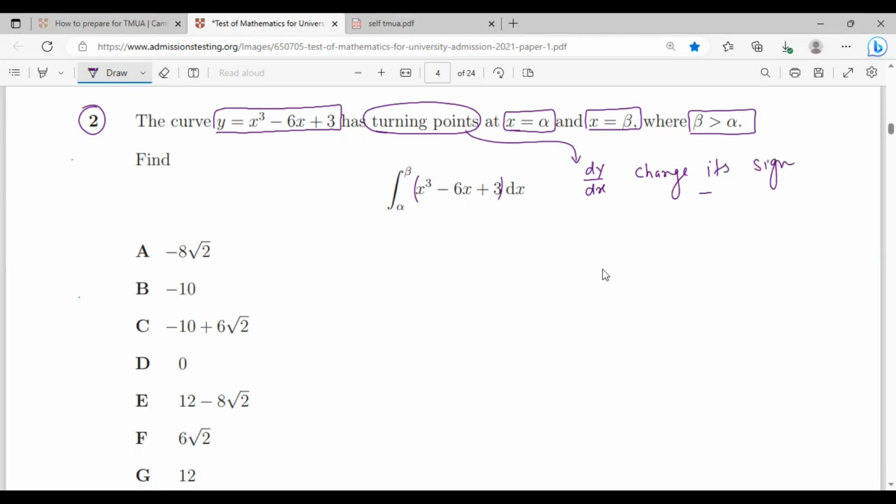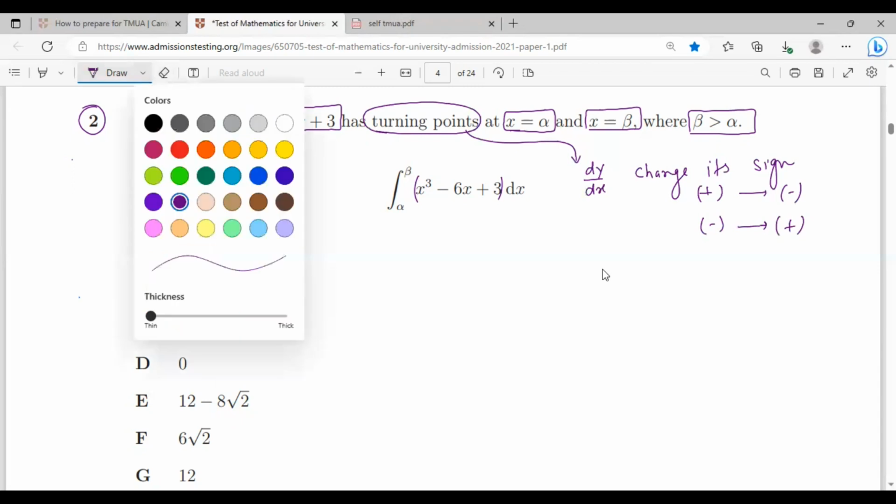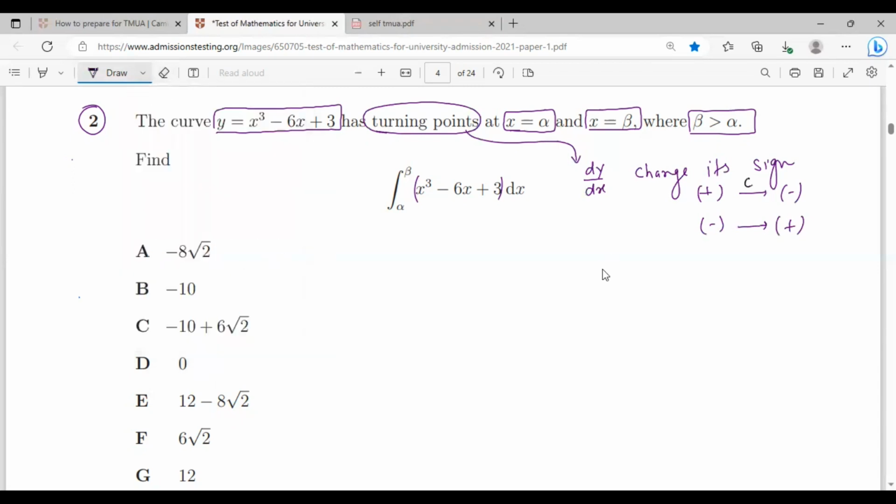Change of sign means either positive to negative or negative to positive. Whenever it changes sign, it must cross 0 somewhere. So the turning points are those points where dy upon dx is equal to 0.